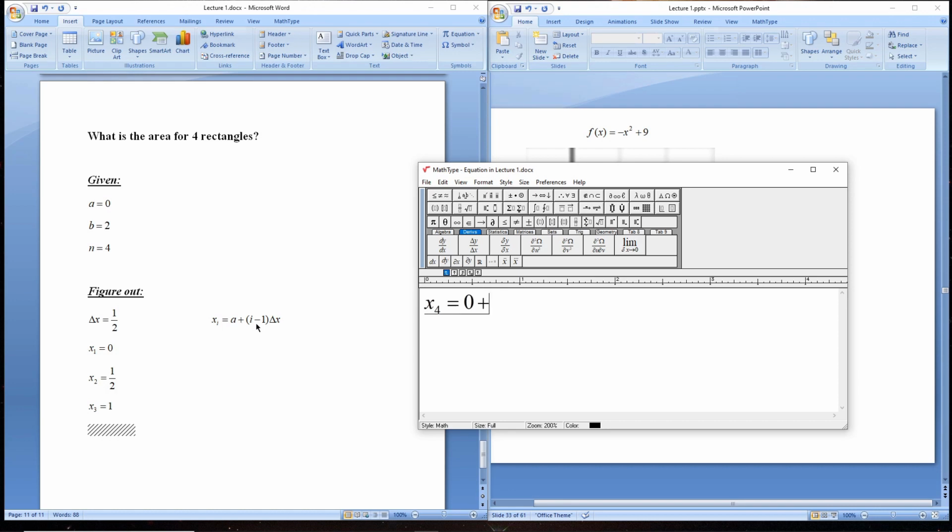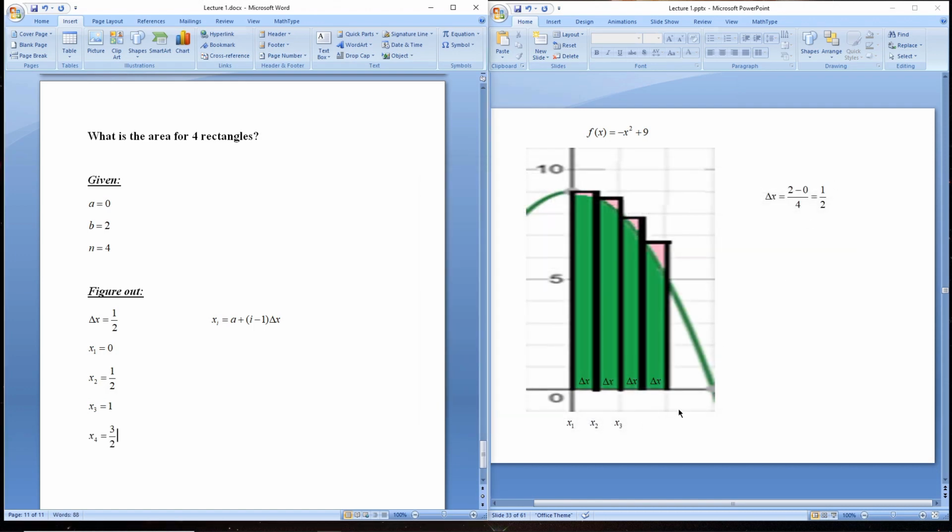We have 0 plus I minus 1, so now I is 4. So 4 minus 1 gets us a 3. 3 times delta x. We know what delta x is. It's a half. And we can erase the 0. That doesn't contribute. And so we have 3 times a half, which is 3 halves. And that is where our fourth position is, where the fourth rectangle starts.